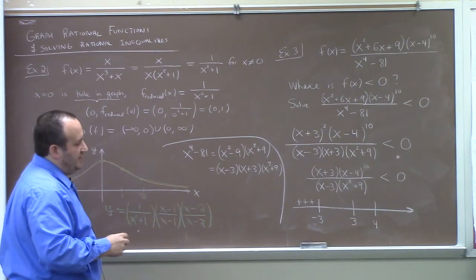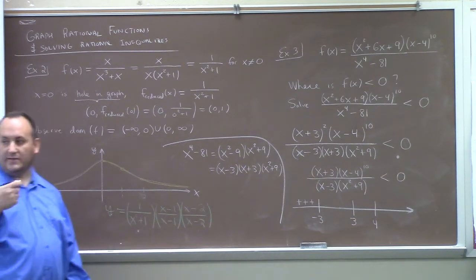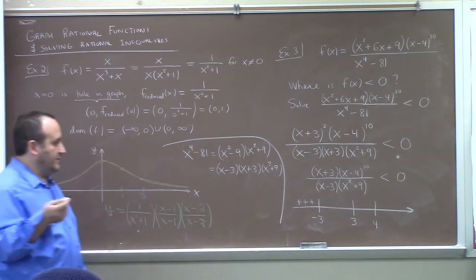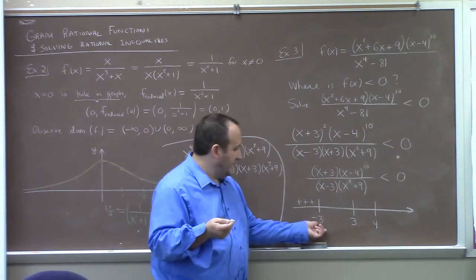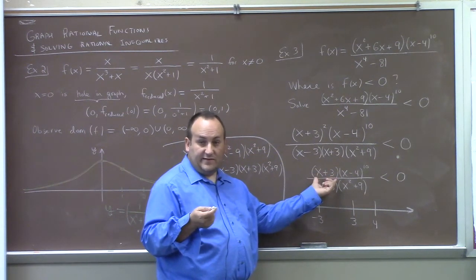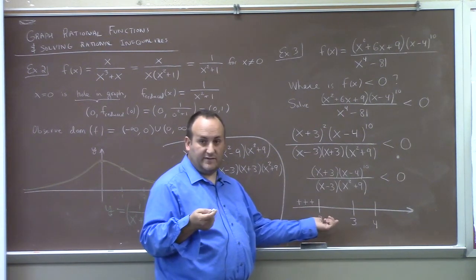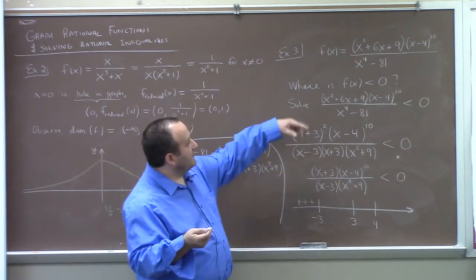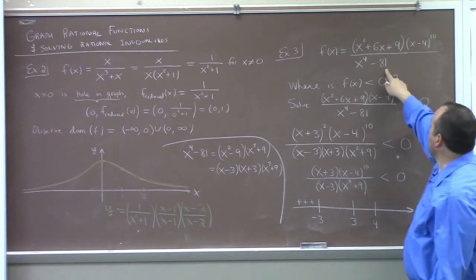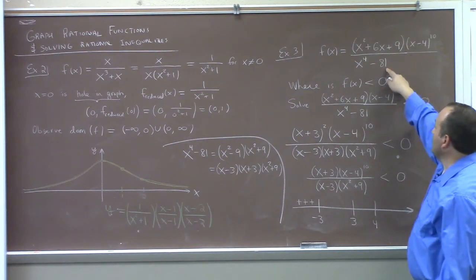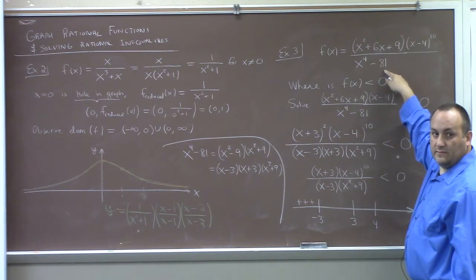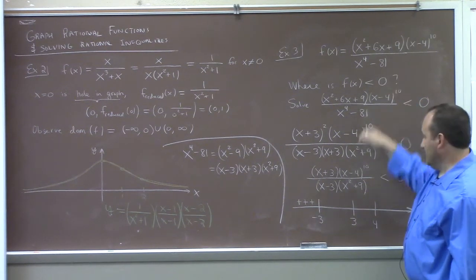Let's see here. Another check on our work. We could think about plugging in 0. 0 is between minus 3 and 3, right? So I believe that at minus 3, there's just one of those, so it should change signs. We should get a minus at 0. Plug in f of 0. What happens? You got 9 times minus 4 to the 10th over minus 81. So that's a plus over minus, which is negative, which is what we expected.